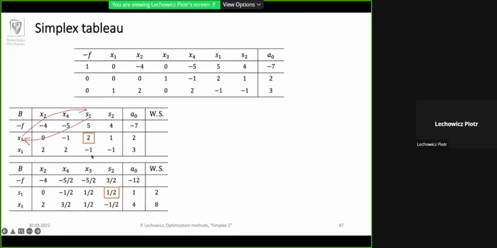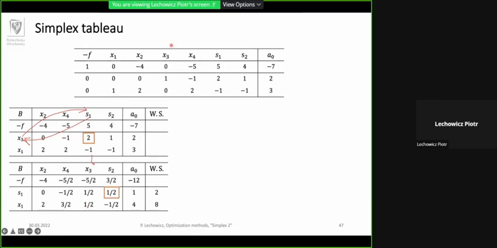So here we have the coefficients for X3. So this is equal to 1 divided by 2. Here we have minus 1 divided by 2. 0 divided by 2 is 0. 1 divided by 2 is 1.5. In this column, we divide by the minus value of this element. So, for example, here we have 5 divided by minus 2. Here we have minus 1 divided by minus 2, so it's equal to half.